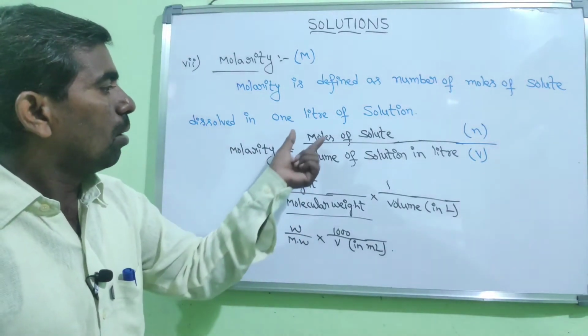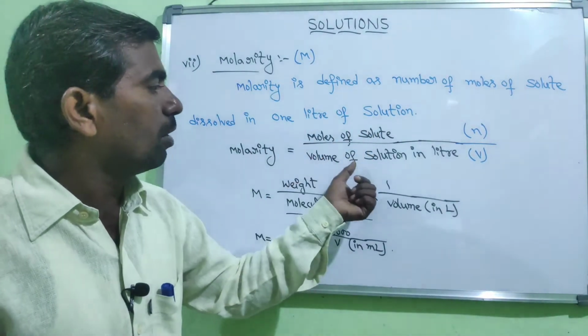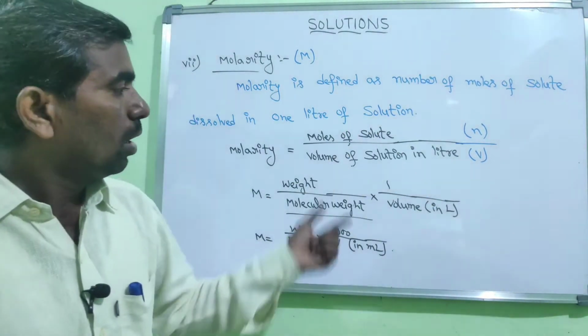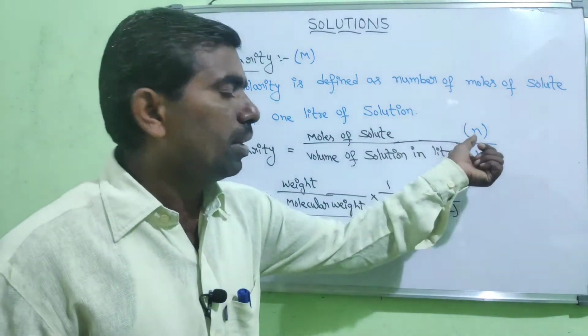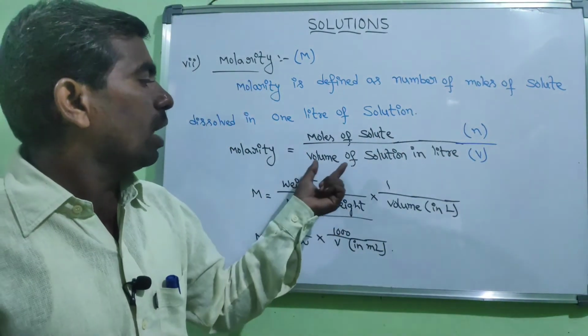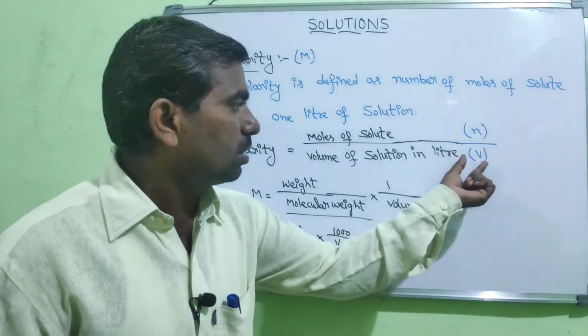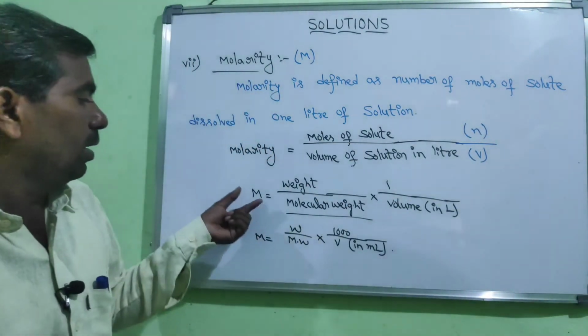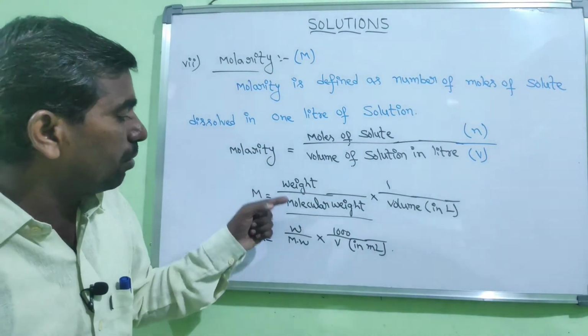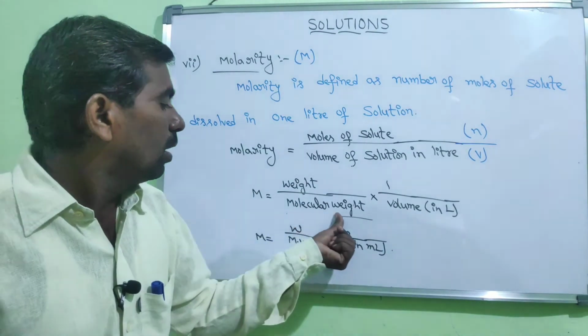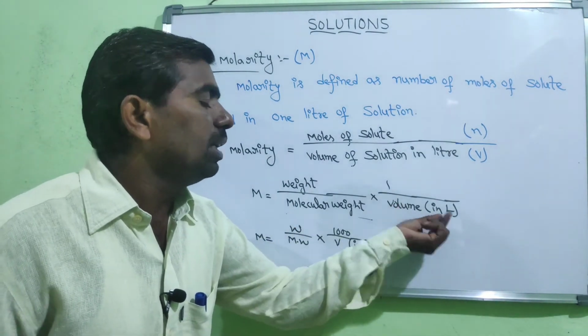Molarity equals moles of solute divided by volume of solution in liters. Moles of solute, small n is the symbol for this. Volume of solution in liters, the symbol for this is V. And M equals weight divided by molecular weight into 1 by volume in liters.